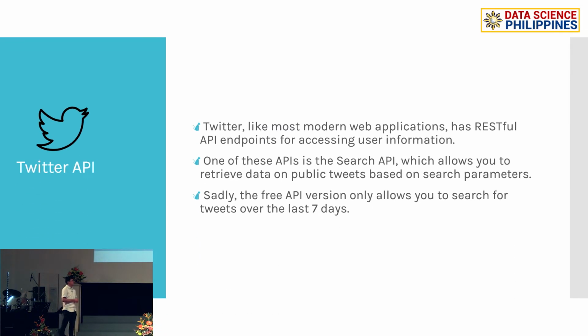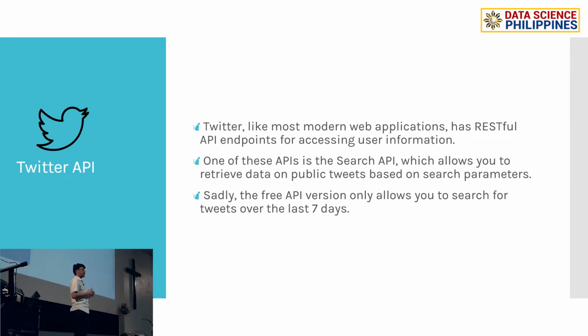Okay, now that we know how an API works, you give out the request, pass it through an endpoint, and get a response. Let's talk about the Twitter API. Twitter, like a lot of modern web applications, has a RESTful API. The reason they like using RESTful APIs is that part of the business strategy of web applications is to sell the data you use.